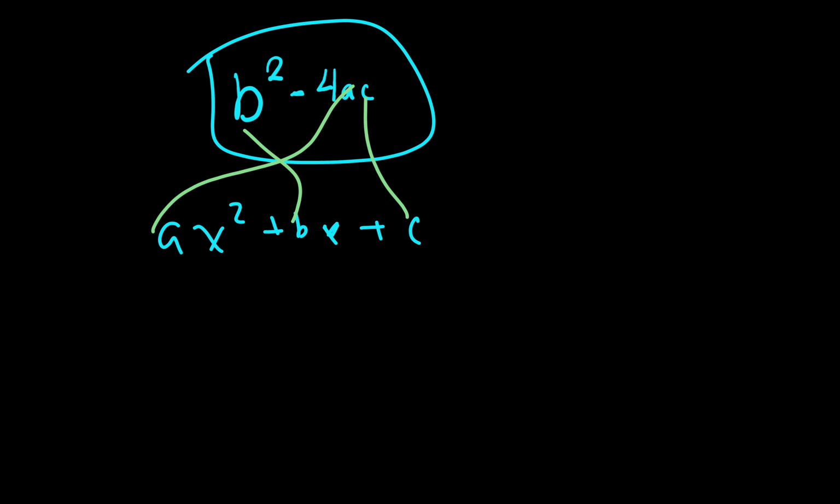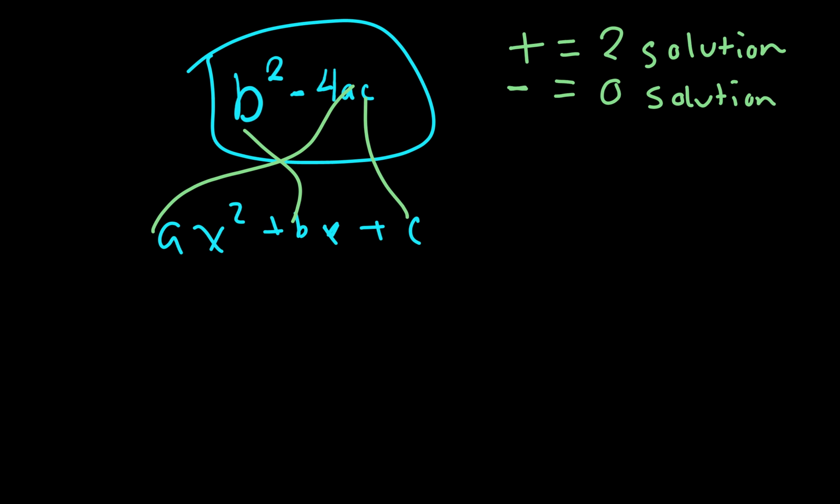So if you have a positive result, you'll have 2 solutions overall in your equation. If you have a negative result, you'll have 0 solutions. And if you have a result which is equal to 0 from the discriminant, then you'll have 1 solution. Simple as that.